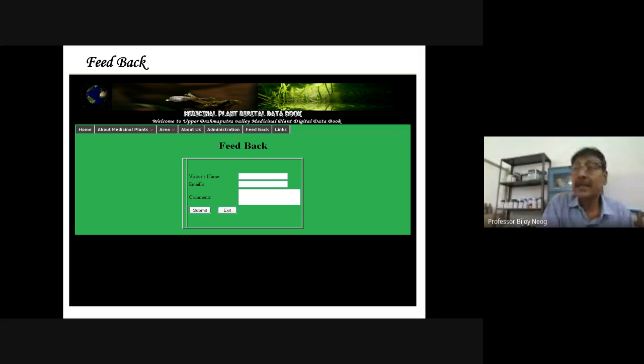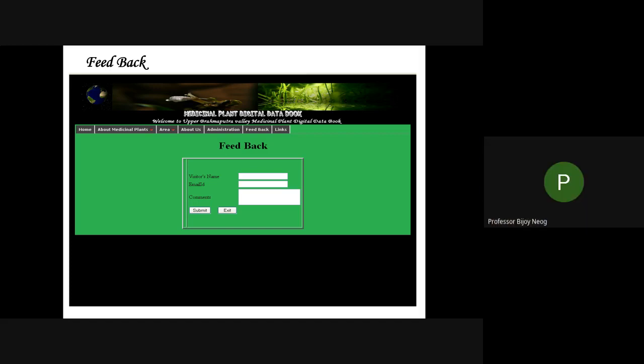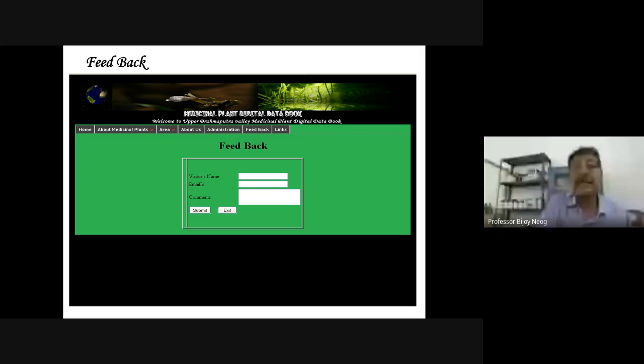We can upgrade, we can correct, or we can get some additional information from other people also. In this database, we have linked different international and national sites where we can verify or identify things in a better way. So for the herbarium, this is very important.